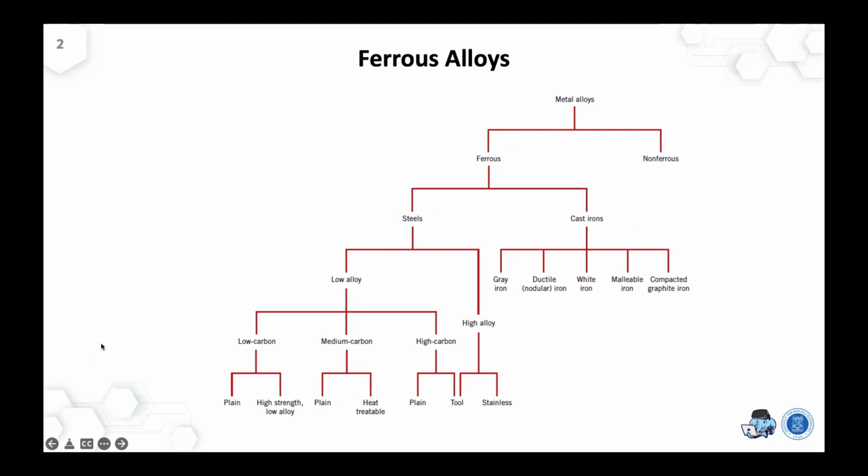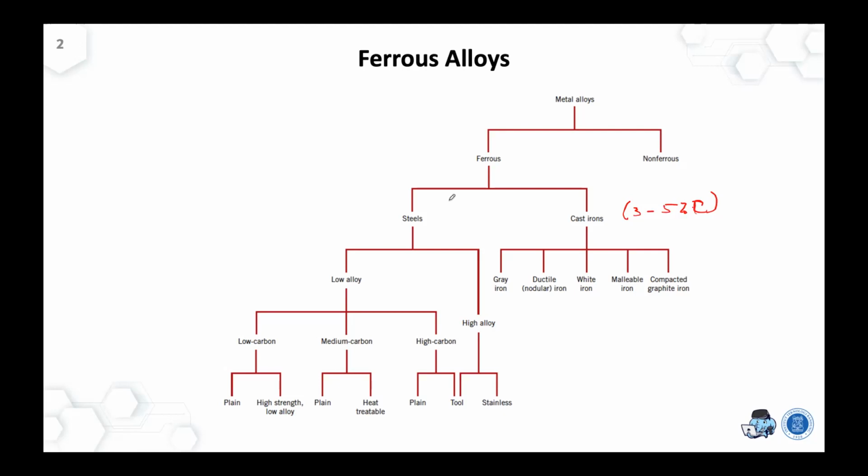If we go back to the phase diagram, the cast iron usually has around 3 to 5% carbon, while the steel has quite a low percentage of carbon, usually around the eutectoid point, around 0.76.